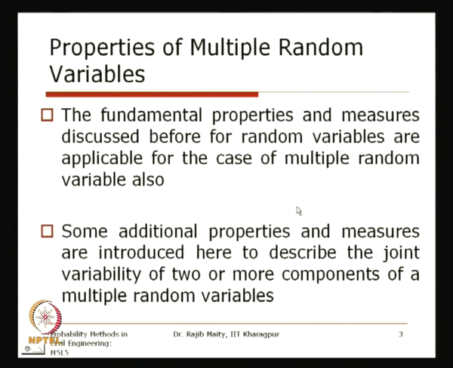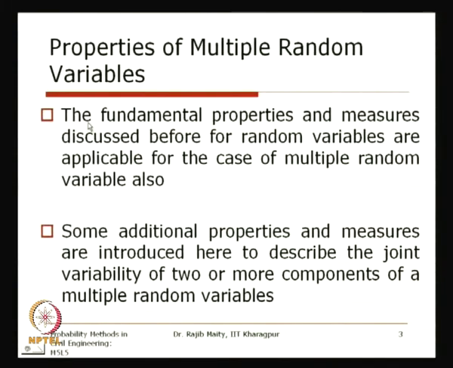So to start with, in the general discussion of these properties of multiple random variables, the same concept we discussed earlier for the single random variable will be used here also. Only the dimension, depending on the number of variables, will be increased, and there may be some more properties, some more measures considered to describe their association with each other.